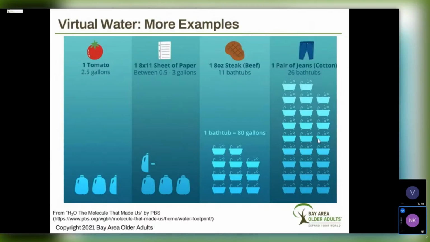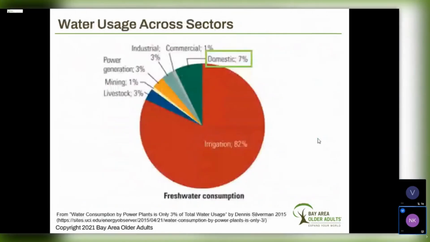Now, if we're talking about a pair of jeans, 2,100 gallons of water are needed to grow enough cotton and process it to make a pair of jeans. So these are all examples of virtual water that you use inside your home.